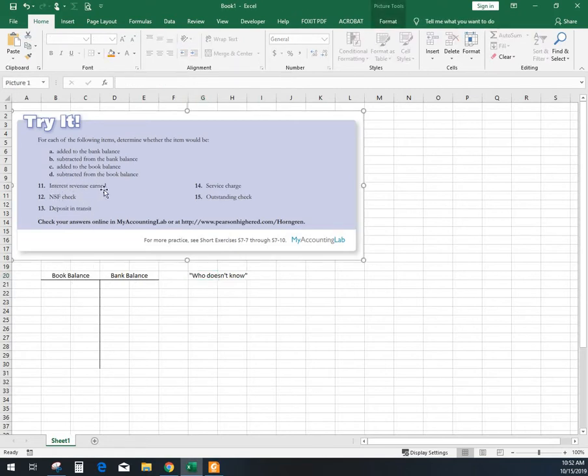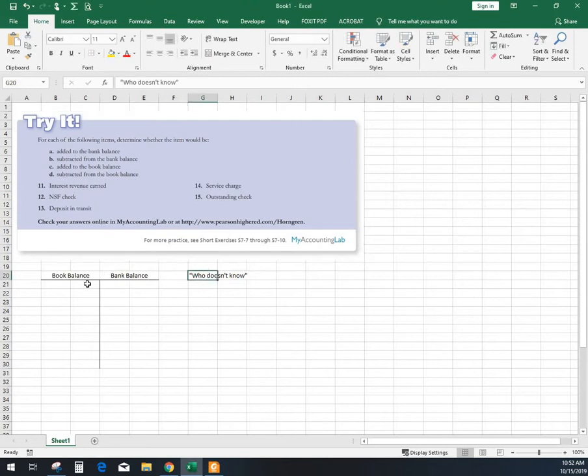So it says interest revenue earned. If we earned interest revenue, we can't generate that interest revenue. Someone has to give it to us. So the bank already knows that we generated that interest, so it's already on their books.